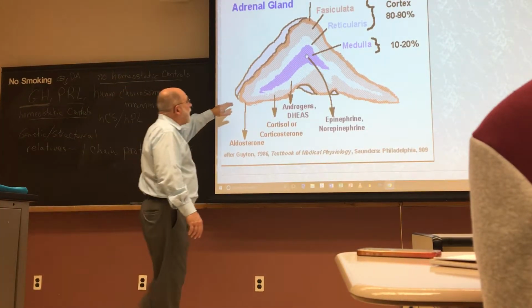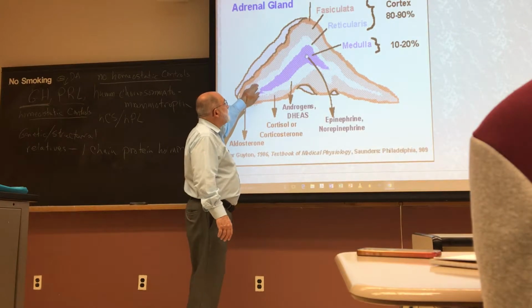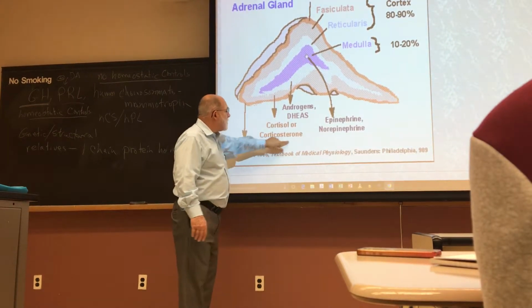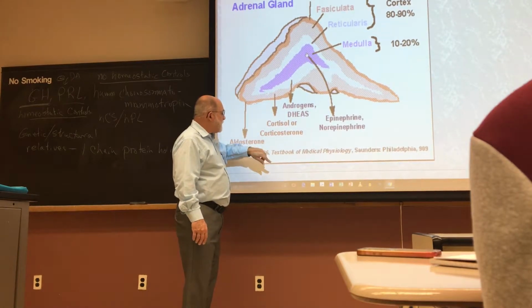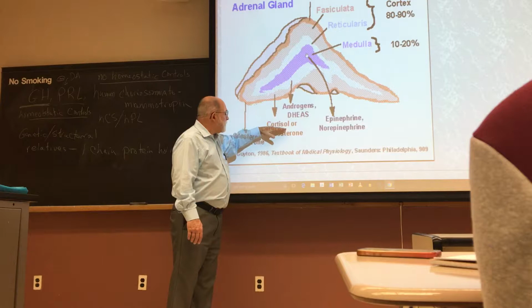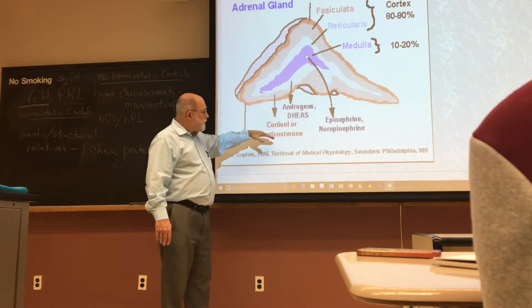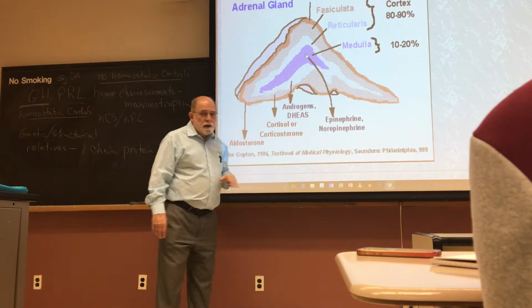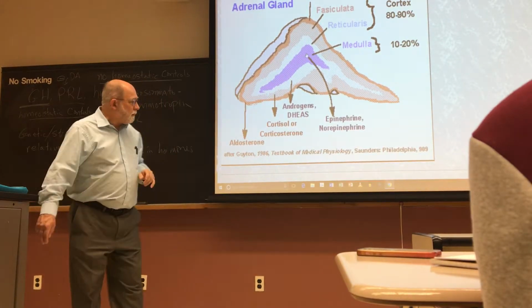The next layer out is the fasciculata. That's the one that's producing primarily the glucocorticoids, depending on which species you happen to be. You're either producing cortisol, like you'd see in humans, other primates, sheep, or corticosterone if you're a rat.